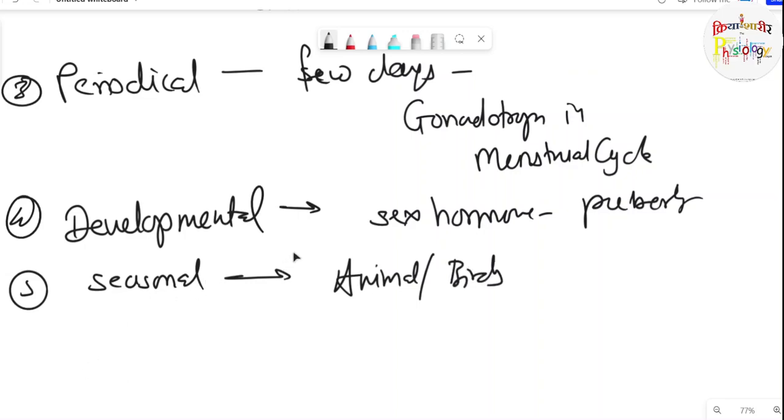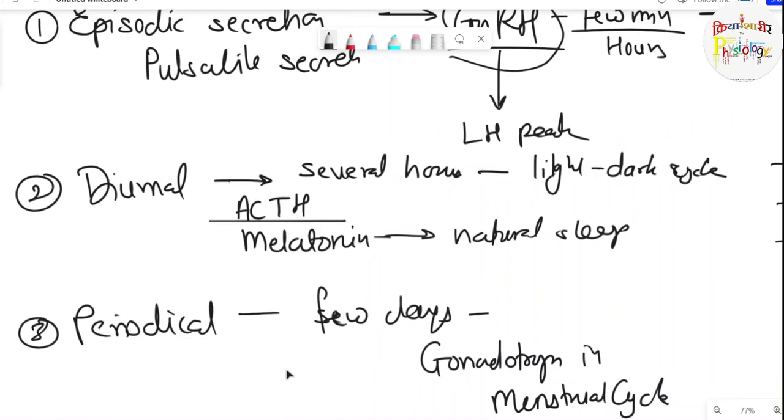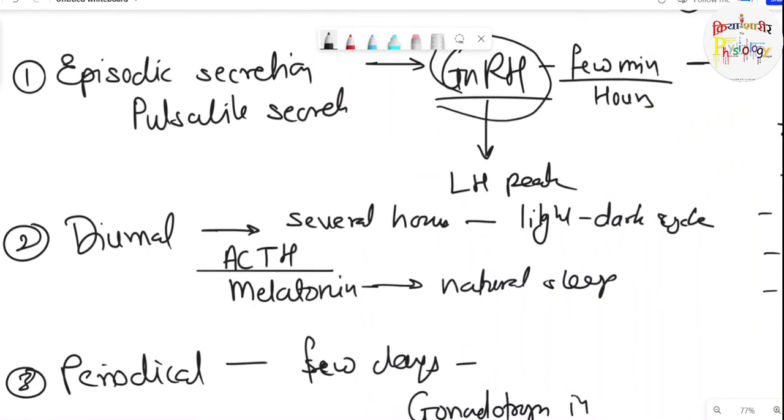So in humans, we can give the example of rhythmic or chronotropic secretion, episodic secretion or pulsatile secretion, which lasts for a few minutes to hours. And the example is GnRH during the menstrual cycle.